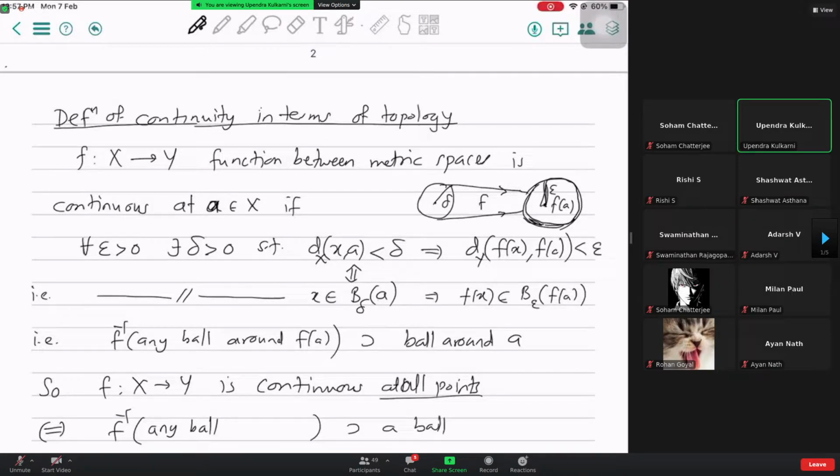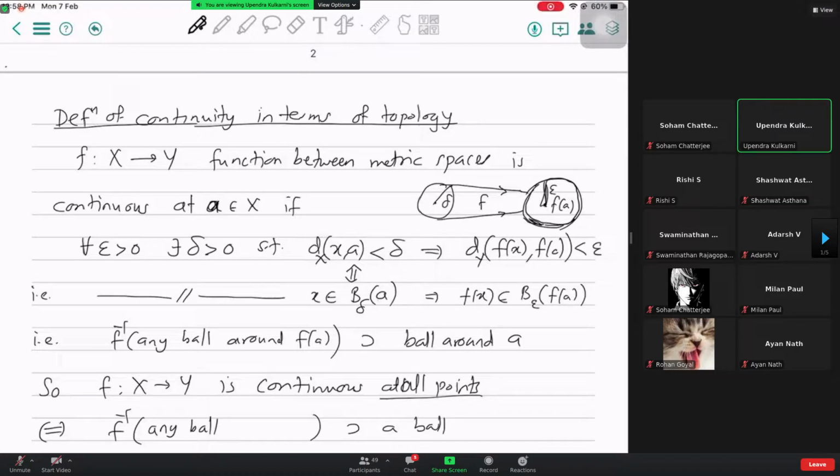Is that correct? There's a slight problem over here. Sir, yes, it should be f inverse of any ball in Y.